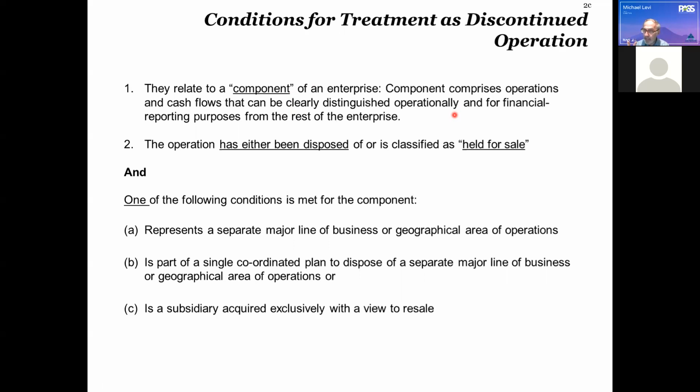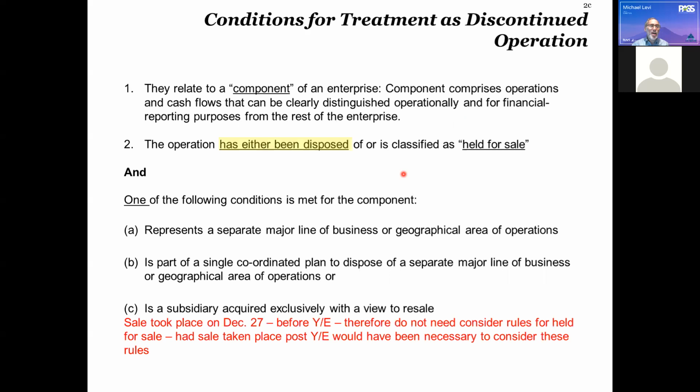I need to deal with both in a case. So that's step number 1. So an office cannot be considered a discontinued operation unless it qualifies as a component. Otherwise, a division by definition cannot be discontinued. The next thing is the operation has either been disposed of or is classified as held for sale.